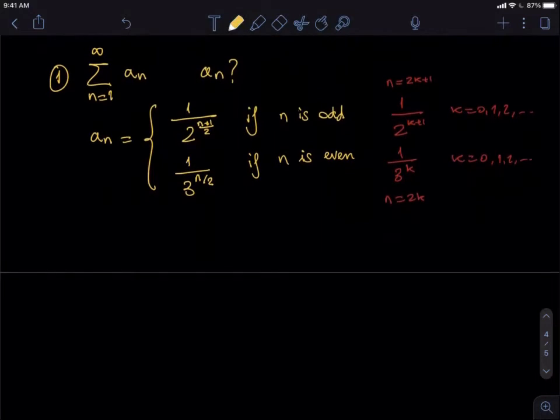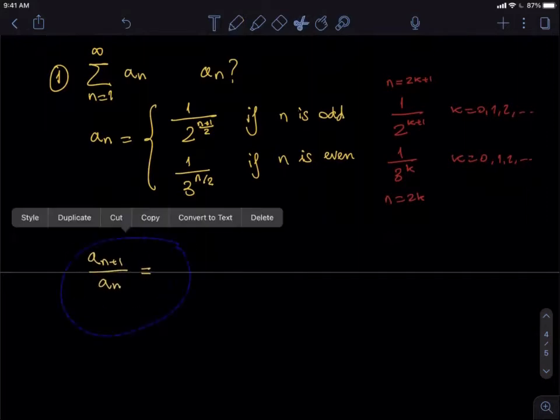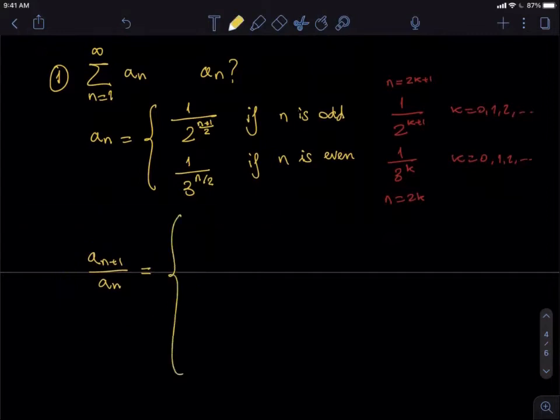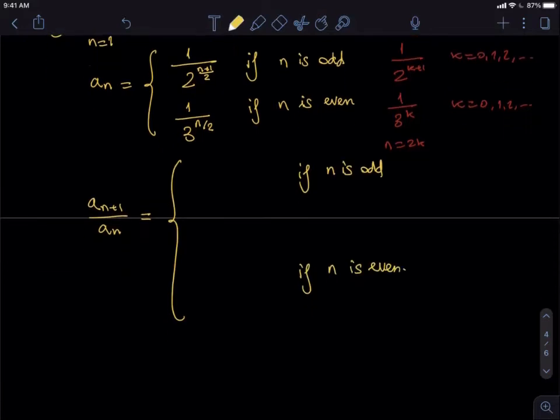Now, once we have this, we can write a_(n+1) over a_n. But then we need to consider the two cases, if n is odd and if n is even.